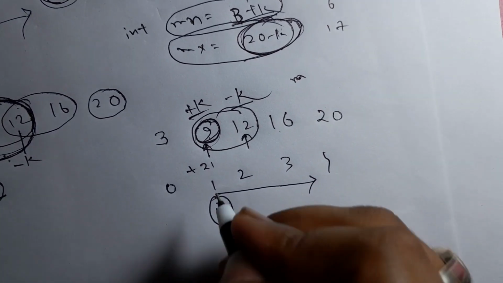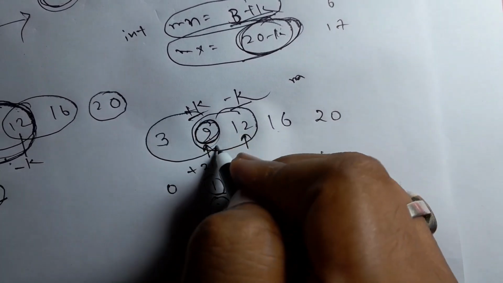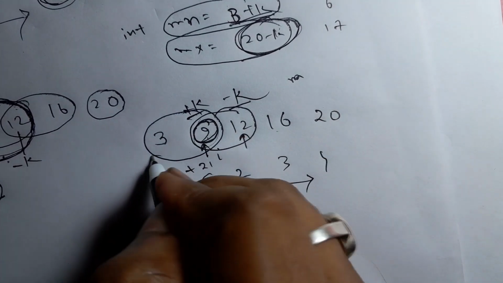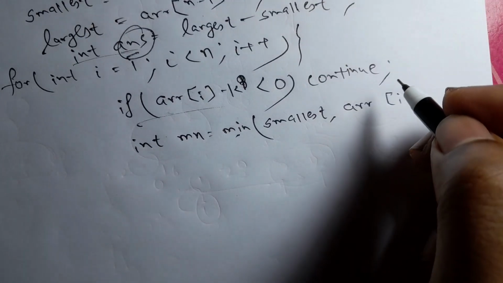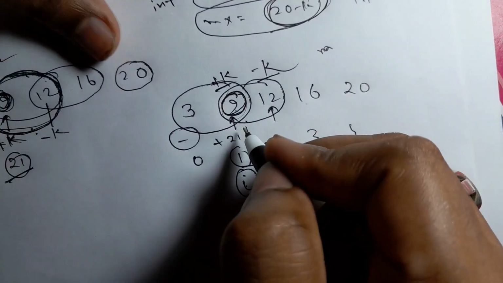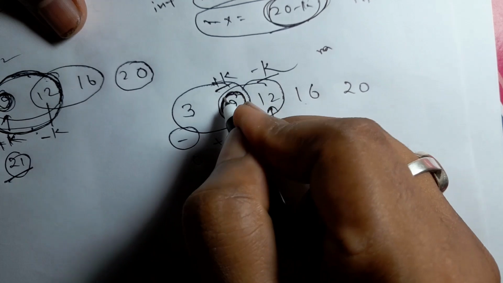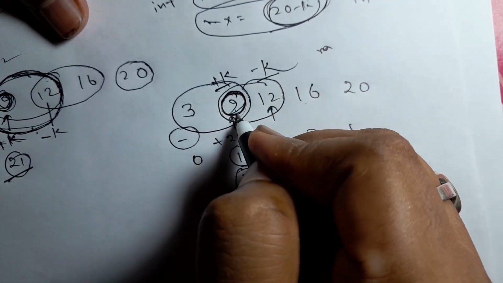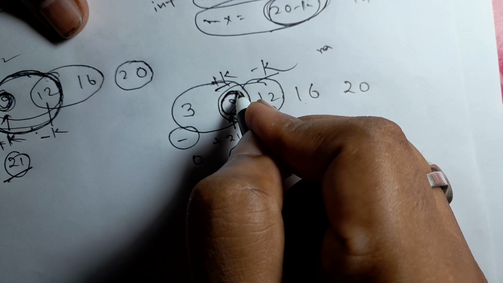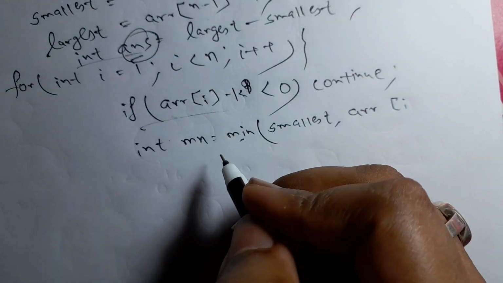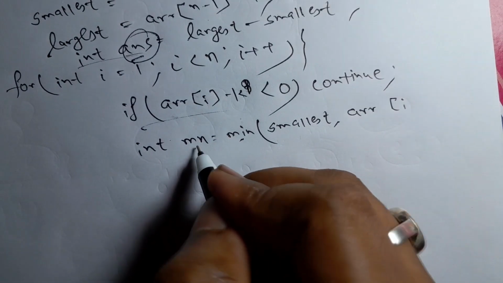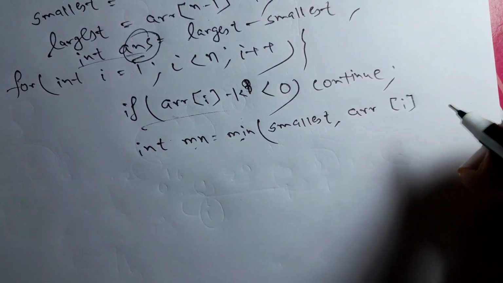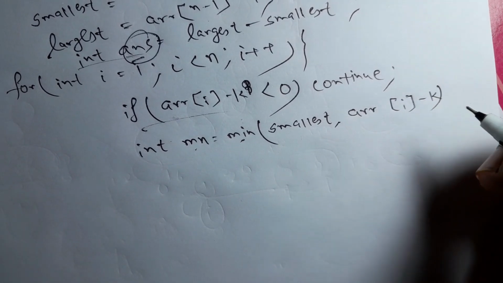Okay, here when we are comparing 3 and 9, array of I is here, array of I minus 1 is here. Okay, so array of I will do minus k and keep track if after minus it will be the smallest element or not. Okay, so what I will do, int mean equals to minimum of smallest comma array of I minus k.